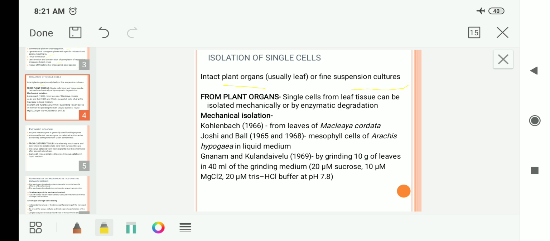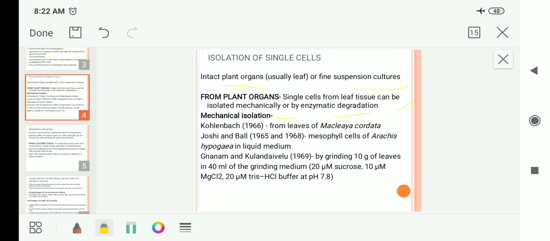To obtain single cells from a plant organ, the leaf tissue is more beneficial. The isolation can be done by mechanical means or by enzymatic means. Mechanical means is simply grinding.